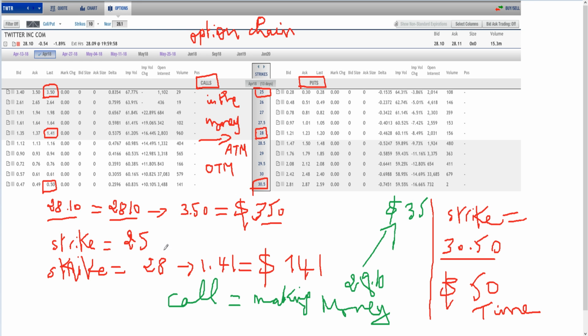Okay? So for you as a trader, this has a relation to a risk. If you want to buy some value of the contract, you can buy at 25, 26, 27, and you understand that the strike is below the price of Twitter.